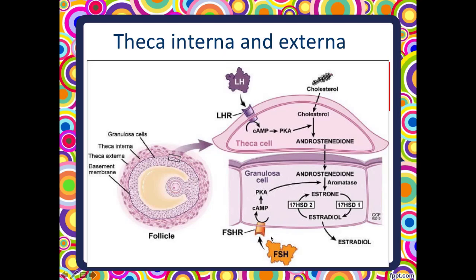And granulosa cells have receptors for follicle stimulating hormone from the adenohypophysis, and in response to FSH stimulation, they produce aromatase, an enzyme which can transform androstenedione from theca cells into estradiol. So this is the mechanism of the production of estrogens in ovaries.